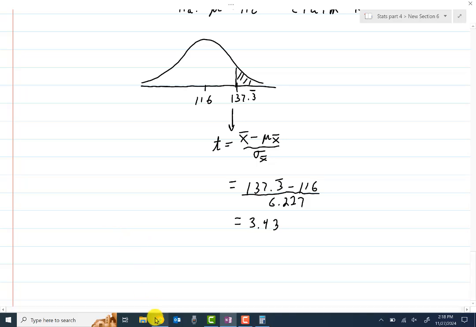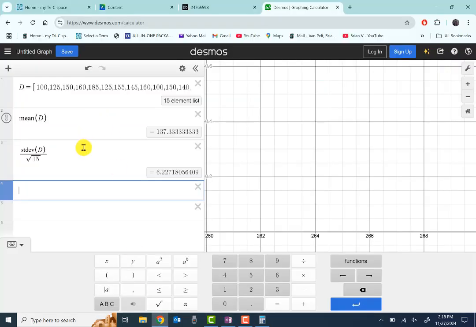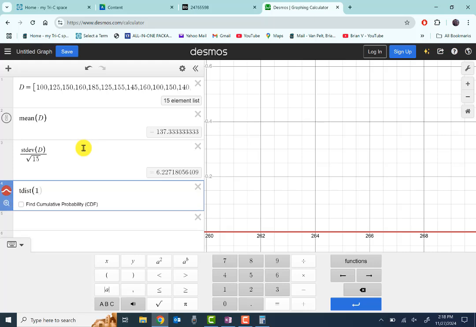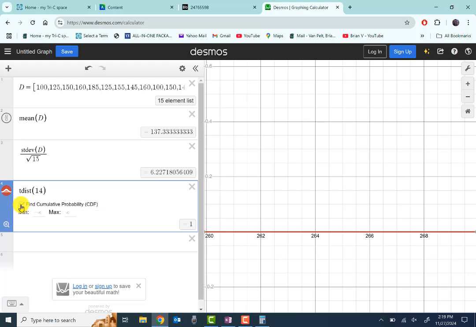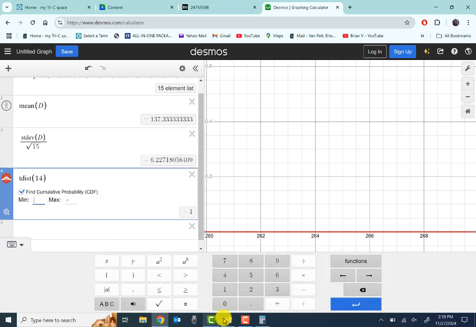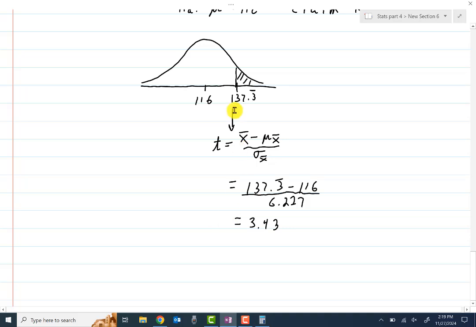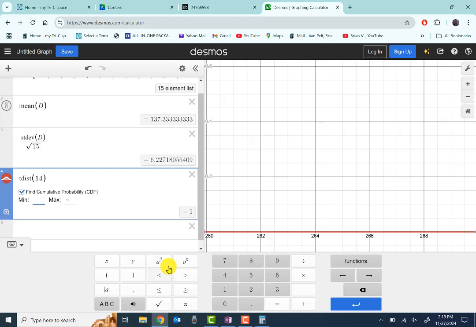So what we do, come back to Desmos. This time it's going to be the t-distribution. Now you put the number of degrees of freedom in here, which is 14. And then you put the beginning and the end. So if I come back here to the picture, technically this t-value is where our graph will start, but it will go to infinity. So I'll come back here. 3.43 will be my minimum, and the maximum will stay at infinity.